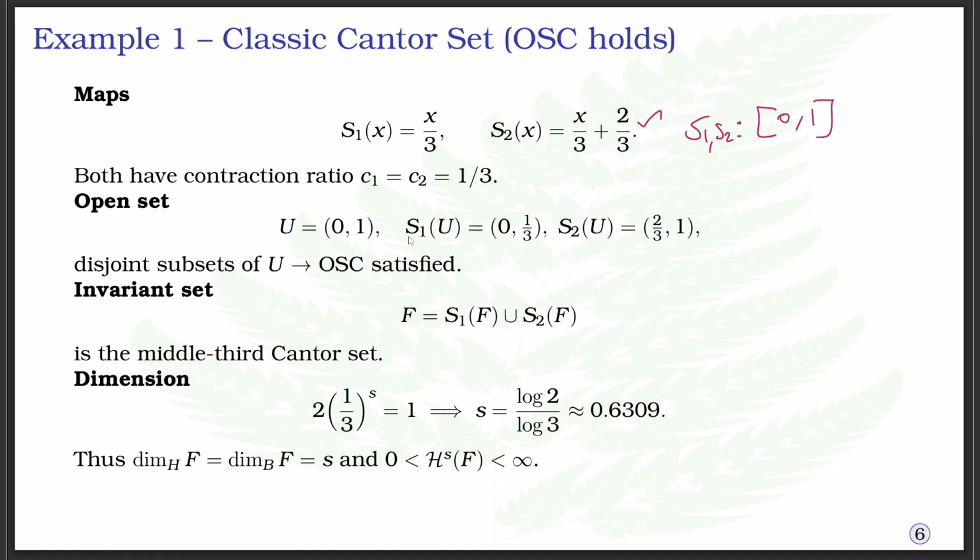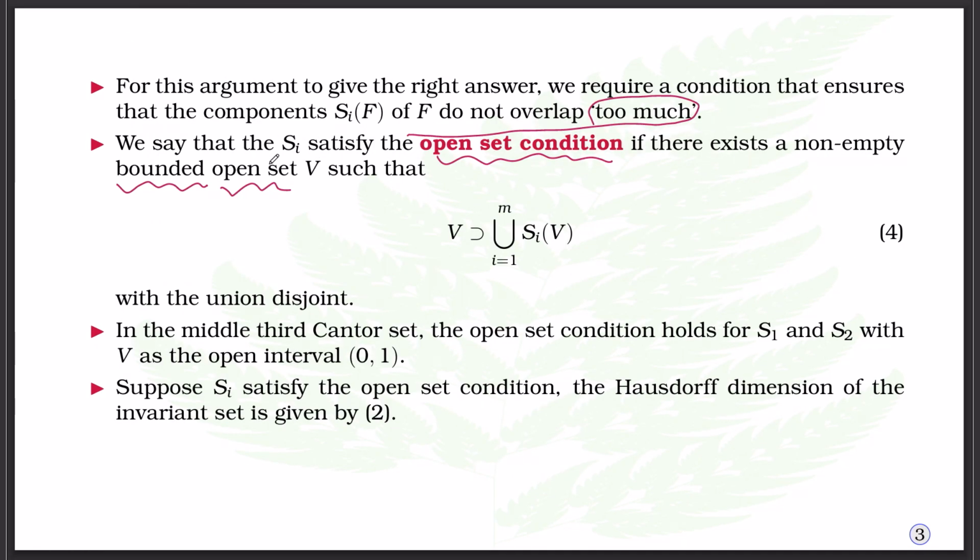Their intersection is empty, so S1 of U and S2 of U are disjoint open sets. If you take the union of these two sets, 0 to 1 by 3 and 2 by 3 to 1, it is contained in 0, 1. So, it satisfies the open set condition.